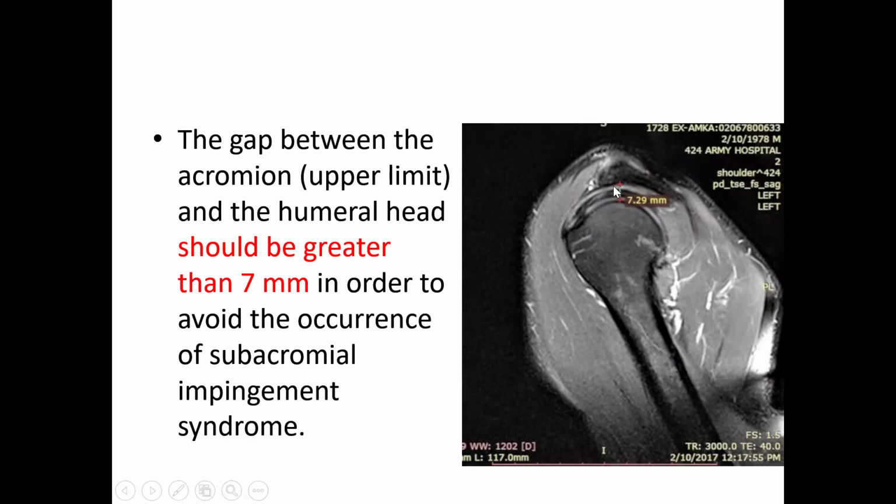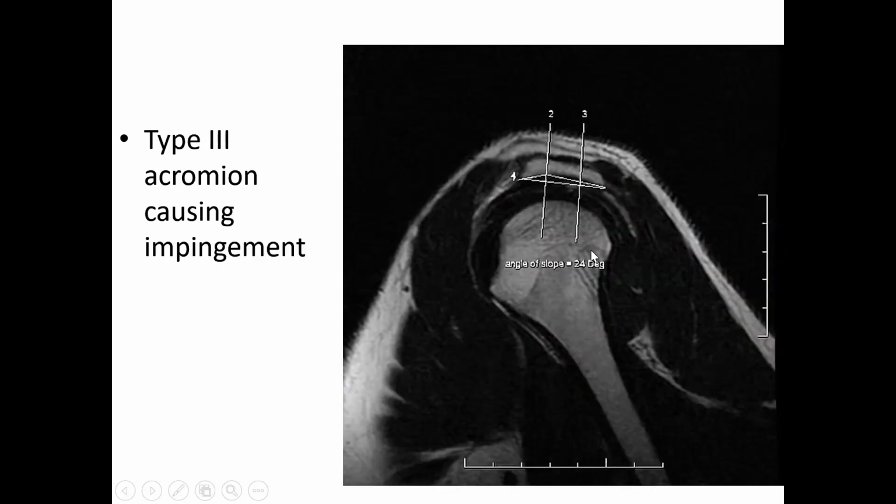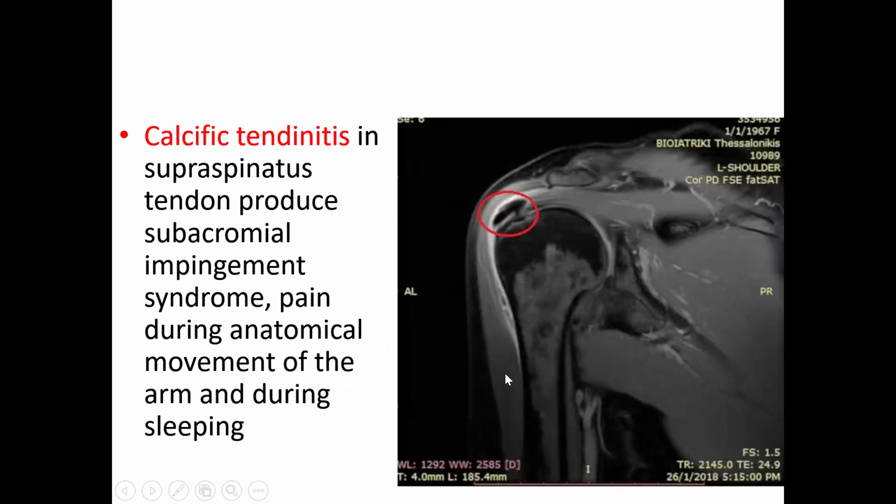If that space is less than 7 mm, this is a stenotic space, and in this case there are more chances of subacromial impingement syndrome. If there is a type 3 acromion, then it will also lead towards more chances of subacromial impingement.